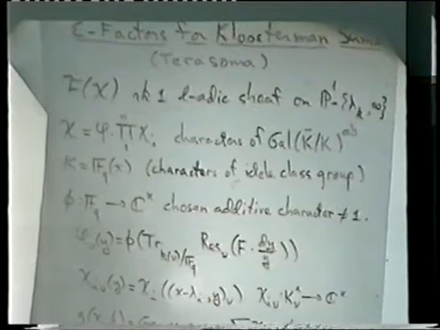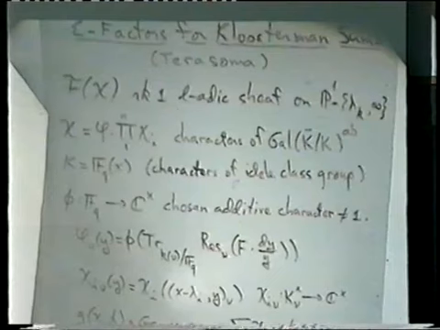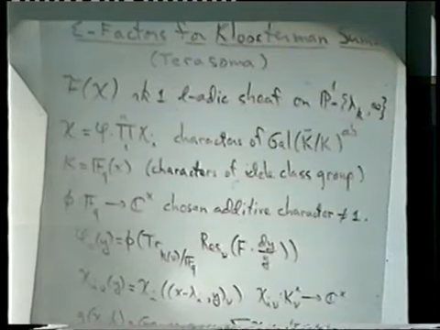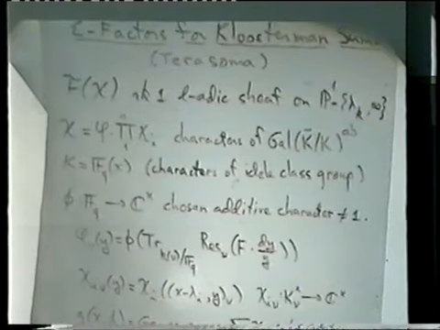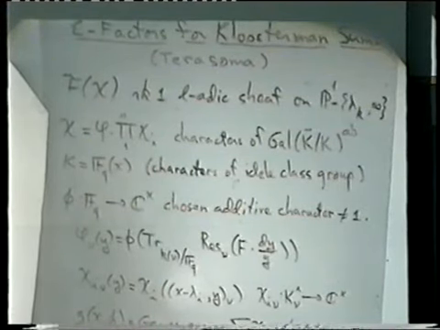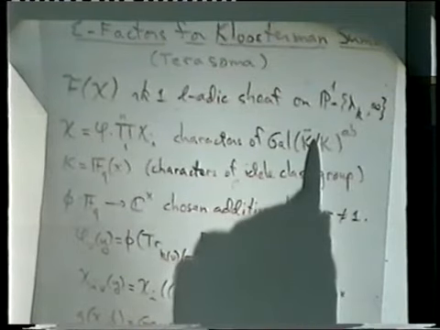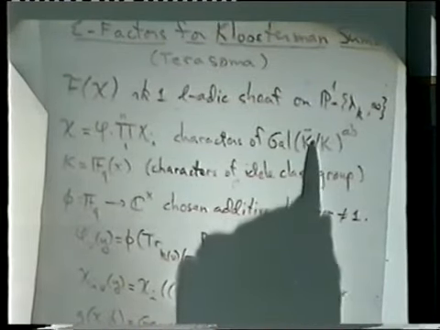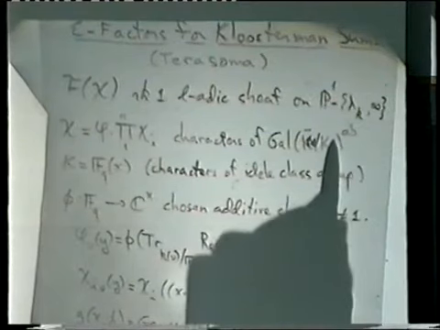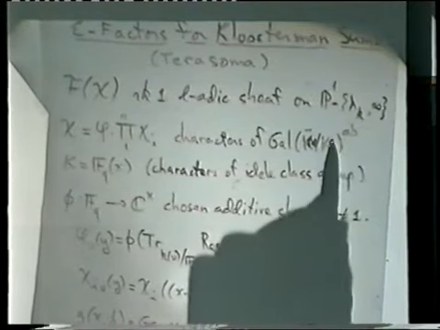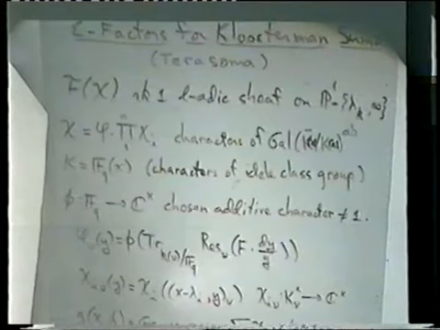Oh, k is unfortunate. I'm sorry. Capital K is playing two roles here, so maybe capital K should be an L there. This should be capital K. It's the function field of the curve. Let's see if I can put a little x here. Where's the irregular singular point? At infinity, Dennis. At infinity.